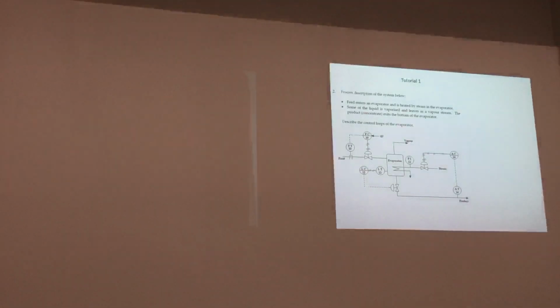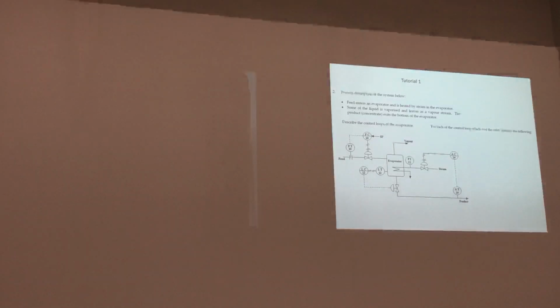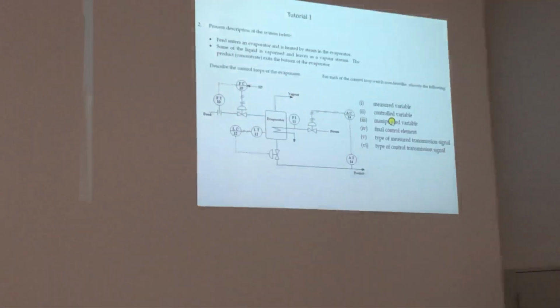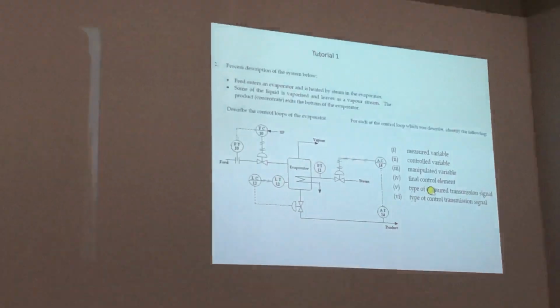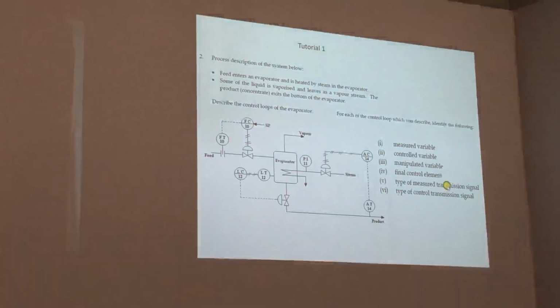Tutorial 1 is the example we learned for this topics 1, right? First of all, it mentioned about the feed, and so on. Then for each of these control loops, you need to describe these 6 important things: what is measured, the control variable, the manipulated variable, the final control element, the type of transmitter, and the types of control and measure transmission signal.